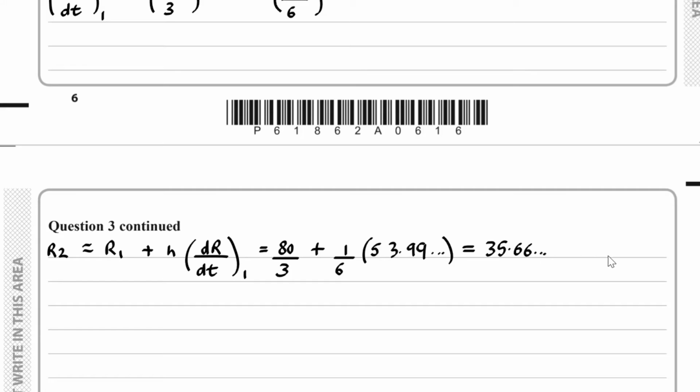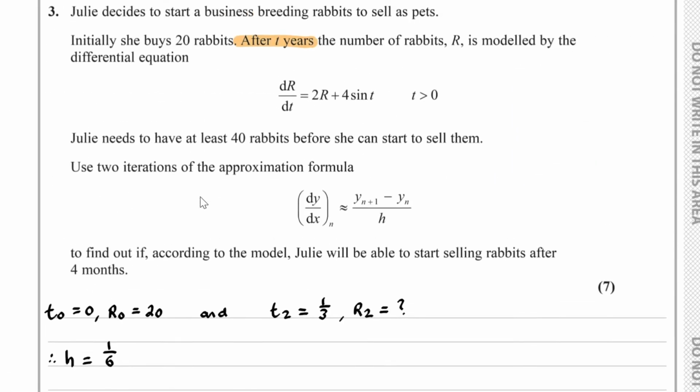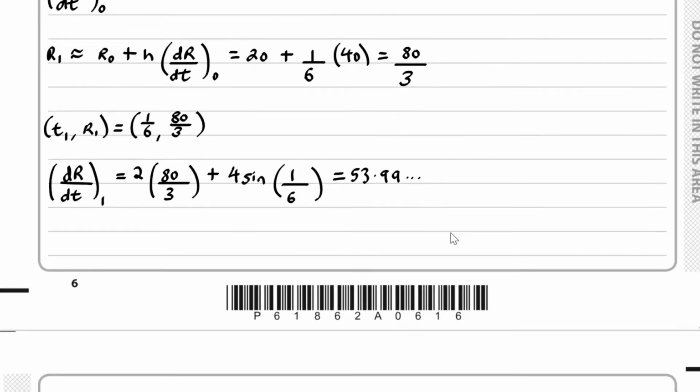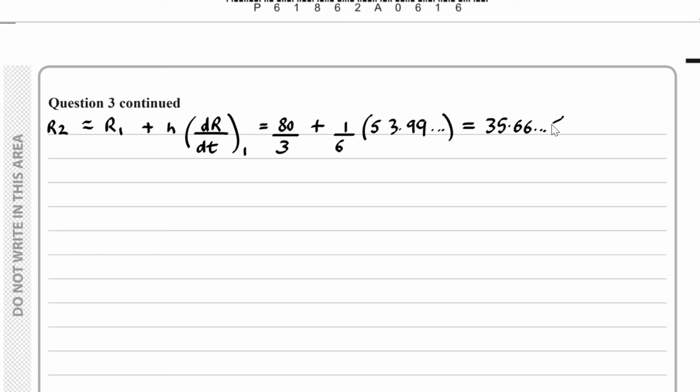Okay? And we see that this value over here is less than 40. Remember, we were told that she needs to have at least 40 rabbits before she can start to sell them. And therefore, this value which we've just found is less than 40, so either way you look at it, 35 rabbits or 36 rabbits, it's still less than 40.